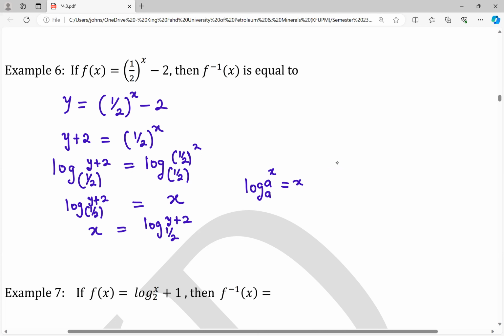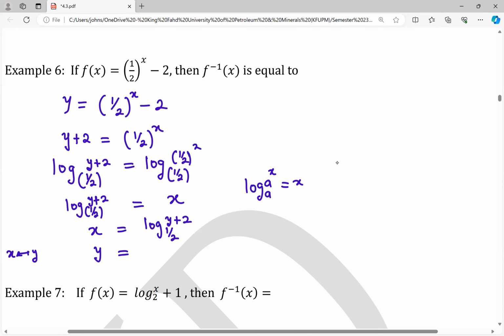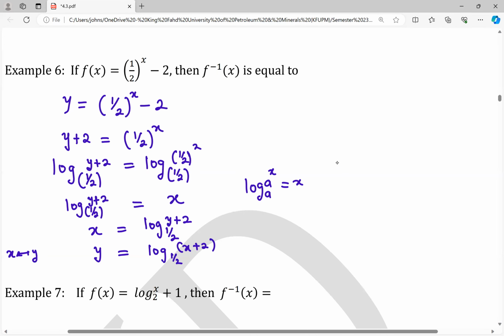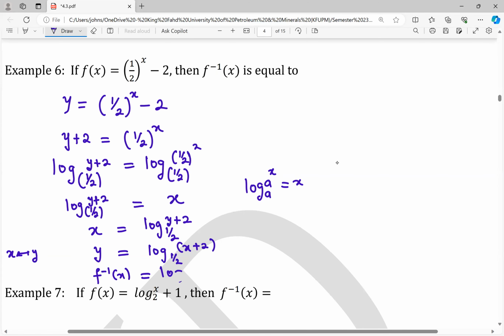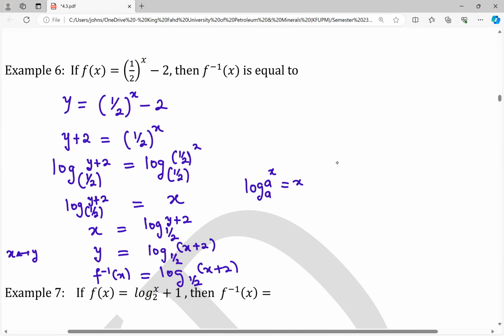So now we can interchange x and y. It means our y equals log half of x plus 2. And now this is going to be our f inverse of x, which is log half of x plus 2.